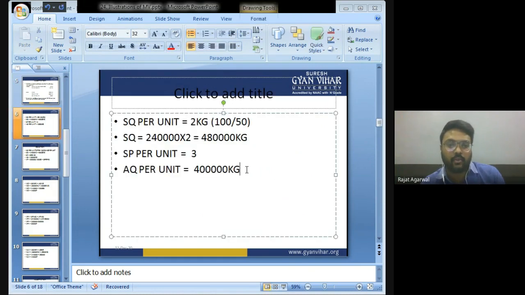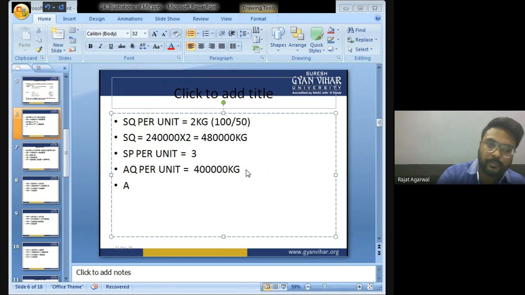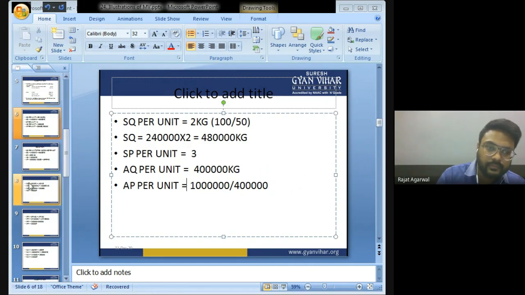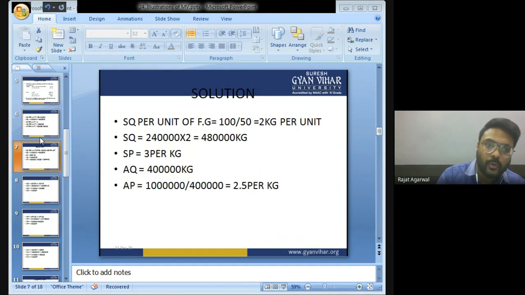So I can calculate actual price. Actual price per unit is 10 lakh divided by 4 lakh. That is how much? 2.5.